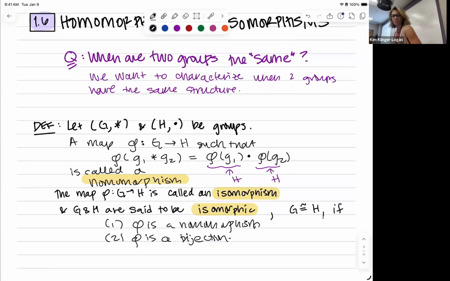So a bijection meaning injective and surjective. And that's going to be our notion of the same. When I have an isomorphism between groups G and H, meaning I can exhibit a function that is a homomorphism and is a bijection, then I'm going to say the two groups are isomorphic, meaning they're the same. They have the same structure. We'll talk more about what that means and how it applies next time, but that's a basic definition, and we'll do examples and things like that.